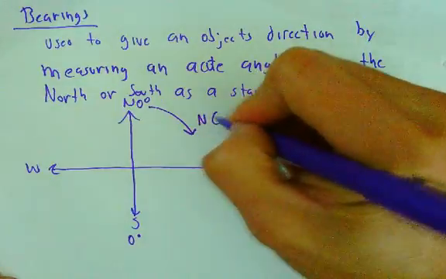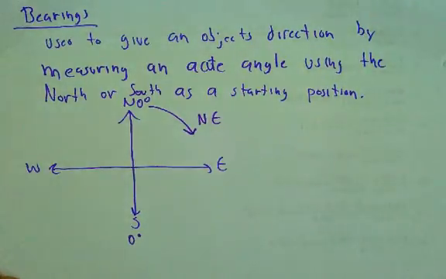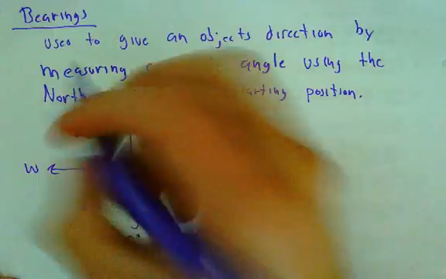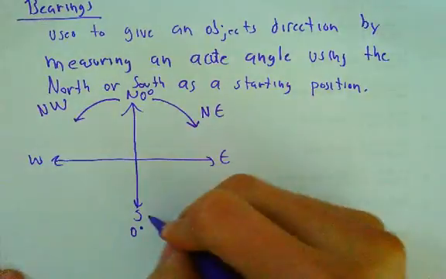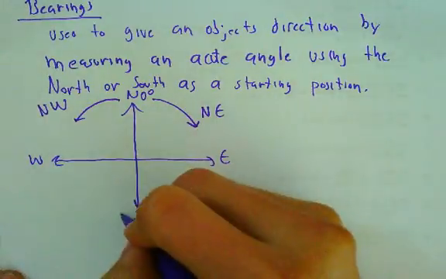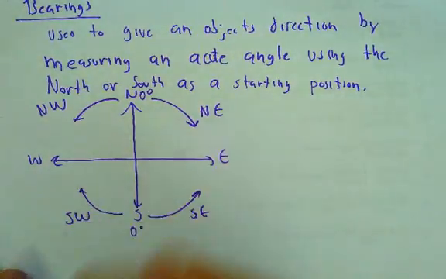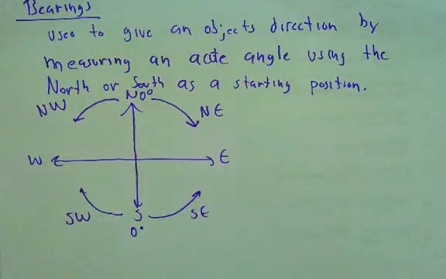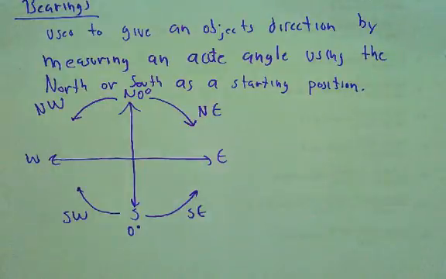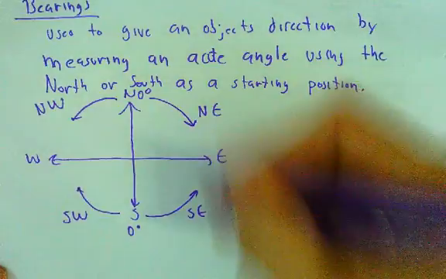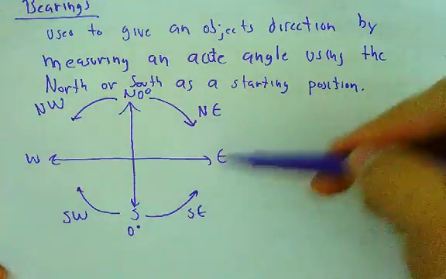But if you go in this direction, that is considered going northwest. Southeast, southwest. Does that kind of explain what I mean by using the north and south as a starting? I don't know. The wording bothers me, but if you're watching the video, I hope you understand what I mean. Like, you're starting here, this is the 0 degrees, and then you go either towards the east or the west. Same thing with the north. Are we okay with that? Okay.